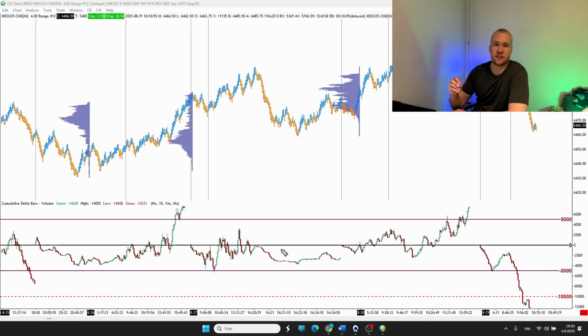Now this is very easy to confirm if we open the footprint chart. I'm not going to do that right now. So if the first case was correct, then you would see a lot of buy side contracts printing on the footprint. But typically when price is going down very quickly, this is a very quick move here, there aren't any buyers that are coming in.